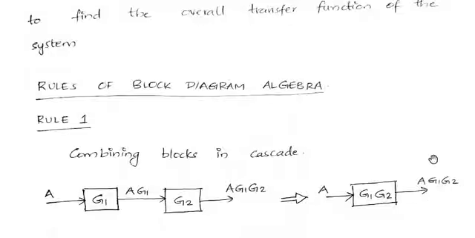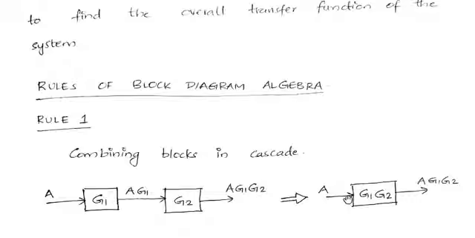Right? So what should be the transfer function, or what should be the gain of the system that we have here? We are combining these two blocks into a single one, so here we will have a single block. To that single block, A is the input and the output from that block is AG1 G2. Then what should be the gain of this block? It should be G1 G2.